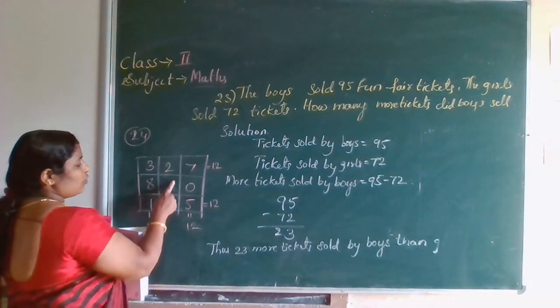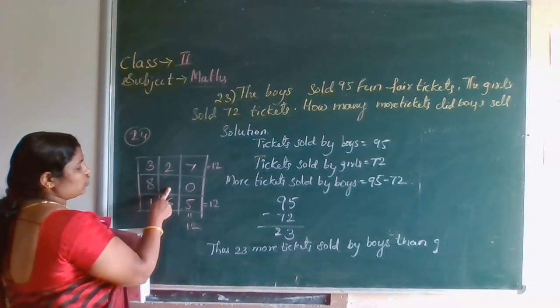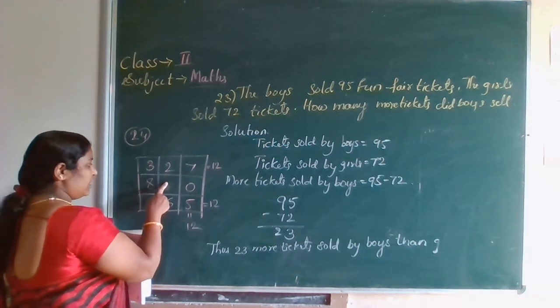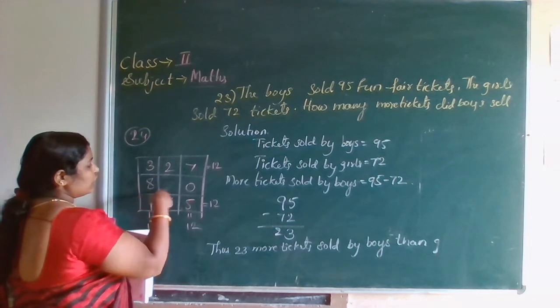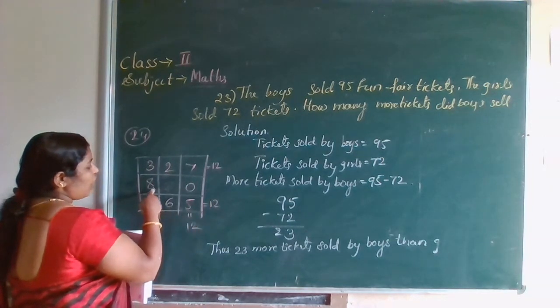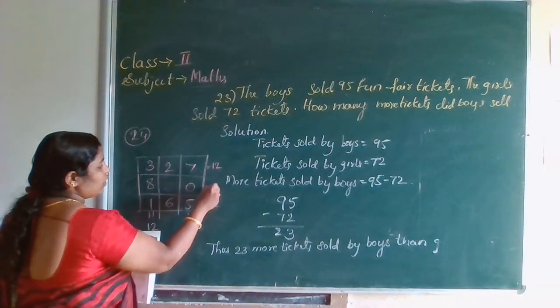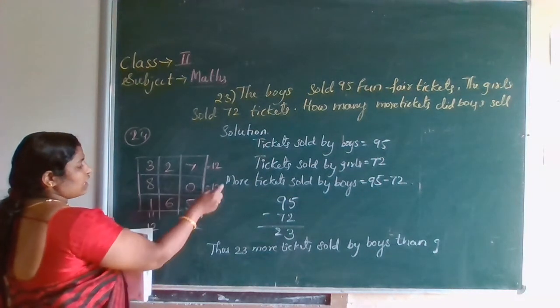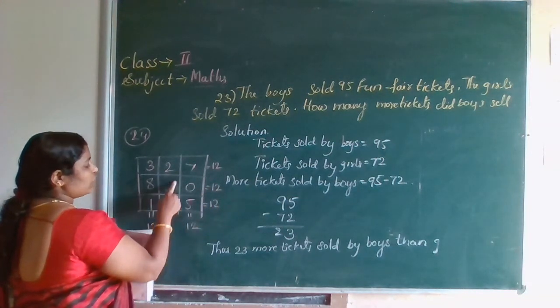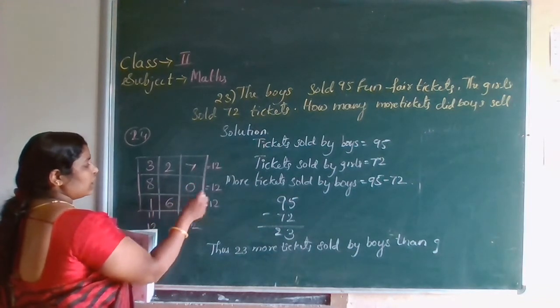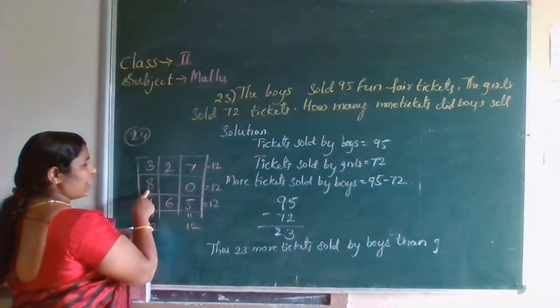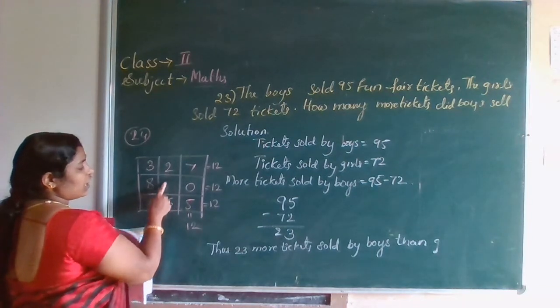So here one box is empty. This we should fill. If we write it, then the addition should be 12. Here also it should be 12. So how should we identify this? 8 plus 0, 8. In this 12, if we do minus 8, we will get the answer.